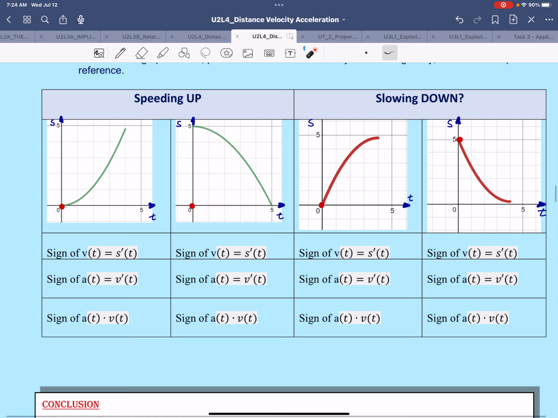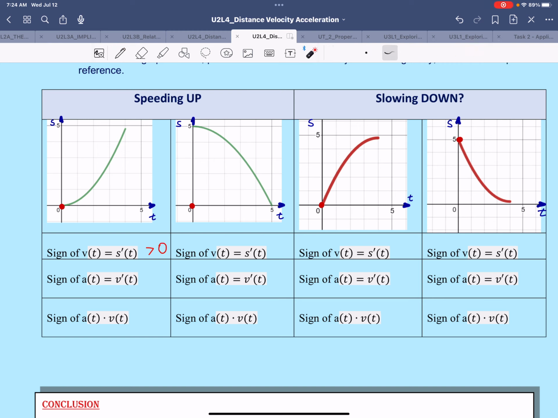So in order to analyze the speeding up and slowing down motions, we look into velocity and acceleration. So when you look at the first graph here, velocity, which is the first derivative of position or the slope of the tangent of the position time graph, is all positive. I noticed that all the tangents I draw here have positive slope. So we're going to say that velocity is positive.